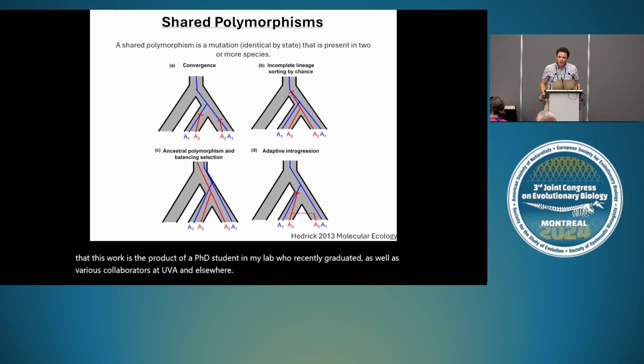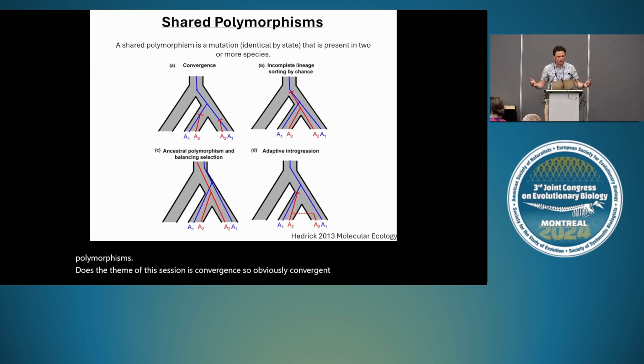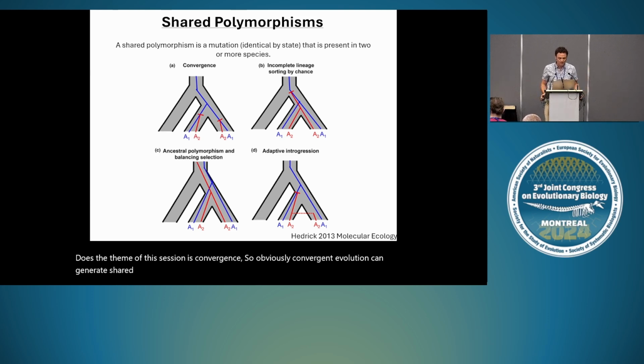Okay, so shared polymorphisms are polymorphisms that are found identical by state in multiple species. And there are different mechanisms that can generate or maintain shared polymorphisms. The theme of this session is convergence, so obviously convergent evolution can generate shared polymorphisms in multiple species independently.